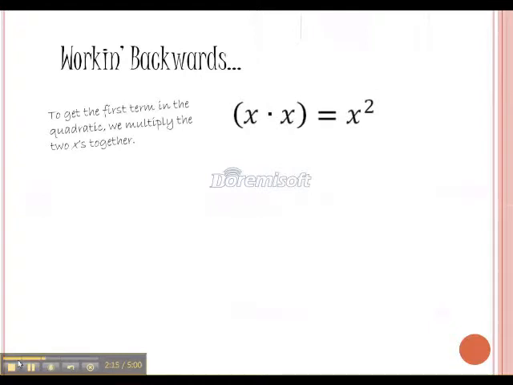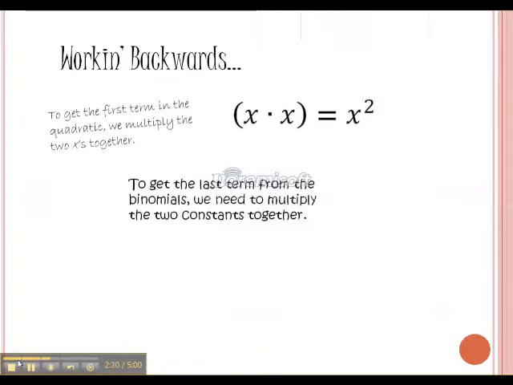So when we go from our quadratic back to our binomials, each binomial has to have an x in it. To get the last term, we multiply the constants together. So we get 4 times 2, which equals 8, our last term in the quadratic. I wonder if there's a relationship there.